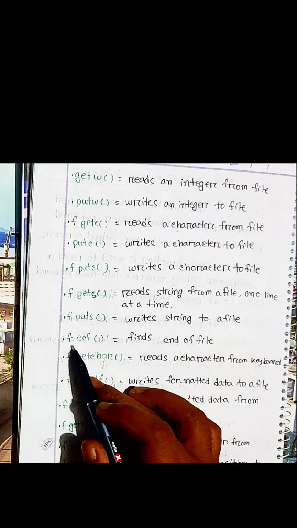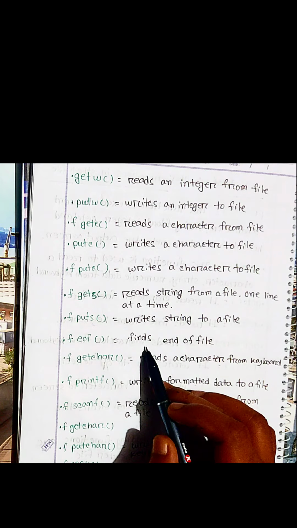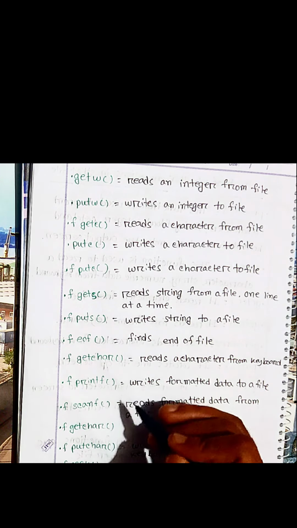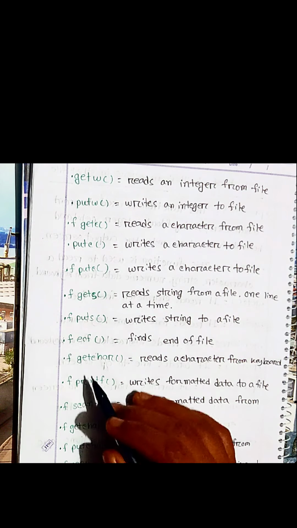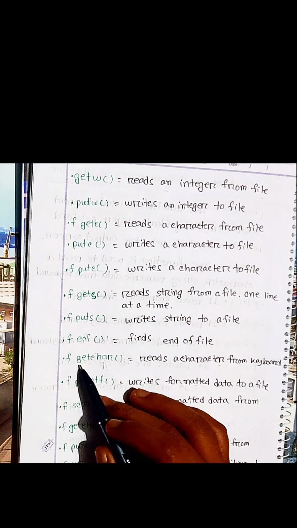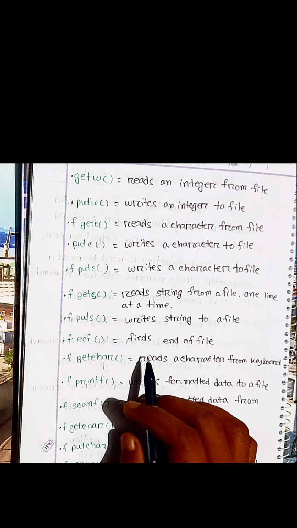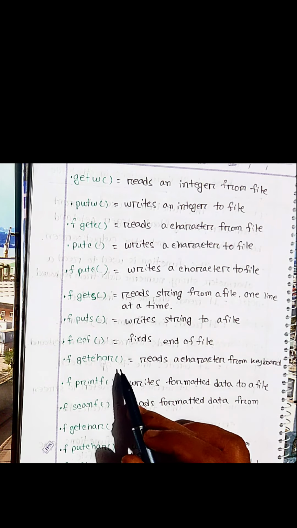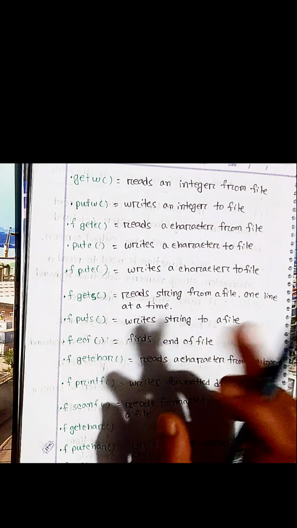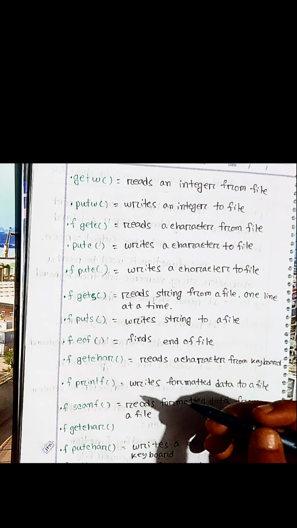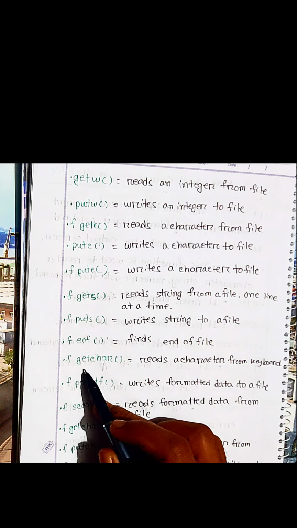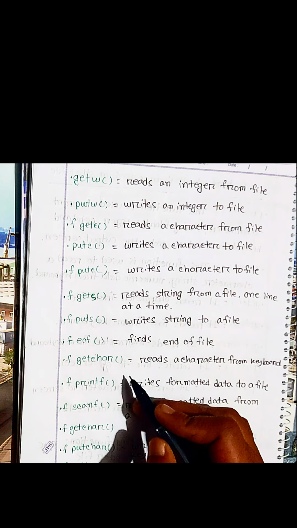And now feof, finds end of file. Where the file ends, it will find it. Okay, getchar, reads a character from keyboard. It will read a character from keyboard, like you are pressing any button on the keyboard like A, B. It will read whichever one you have pressed.